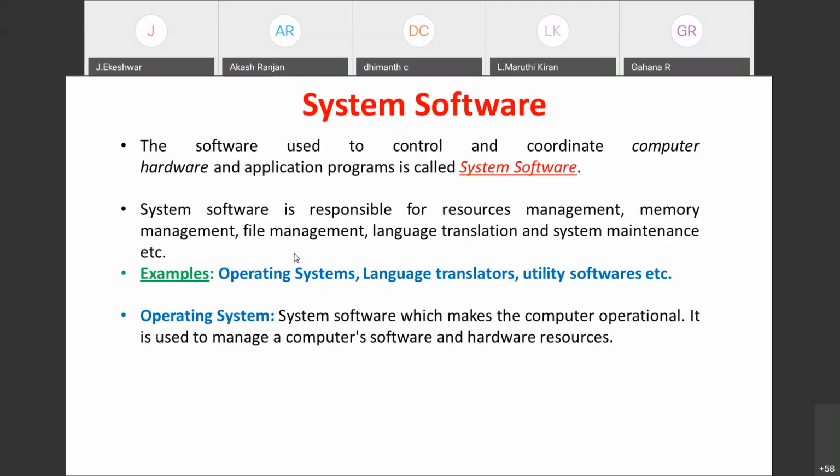As I told, it acts as an interface between hardware and the application programs. Your computer cannot work without this mandatory system software, the operating system. It is used to manage computer software and hardware resources.